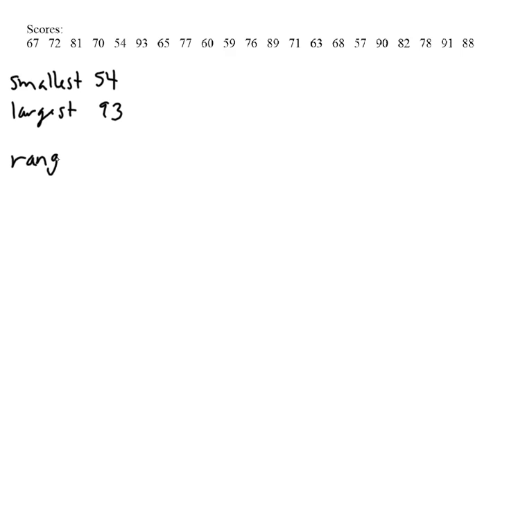So you're going to calculate the difference between the largest minus the smallest. That's what the range is. When you do that, it will give you your range of data. So it will tell you what range all of the numbers fall within. And when you do that, you get 39.